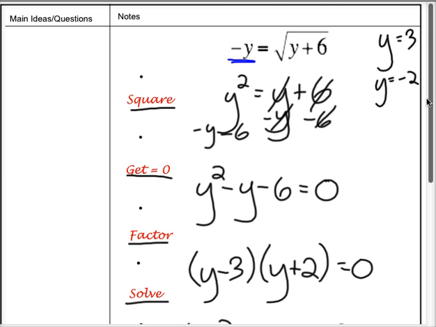So what that means is when I put in negative 2, if I do the negative of negative 2, it's going to become positive. So that'll actually be okay. The radical will be set equal to a positive number if I use negative 2.